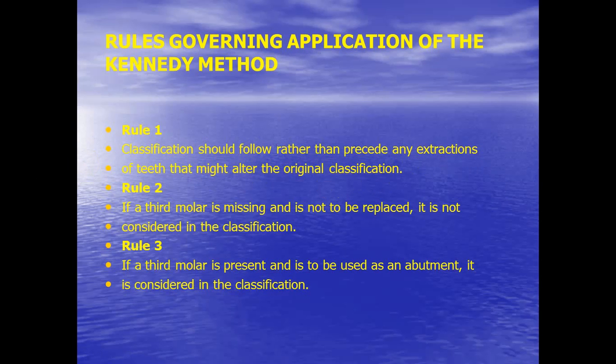If some teeth are to be extracted, we don't count on them when we set the type of defect. Okay, if a third molar is missing and is not to be replaced, we don't replace the third molar normally, it is not considered in the classification. But if it is present and is to be used as an abutment, it is considered in the classification.